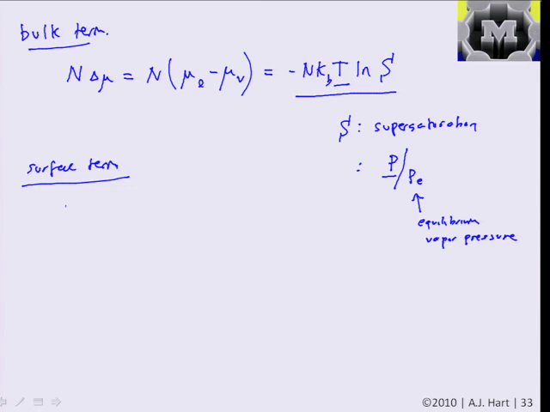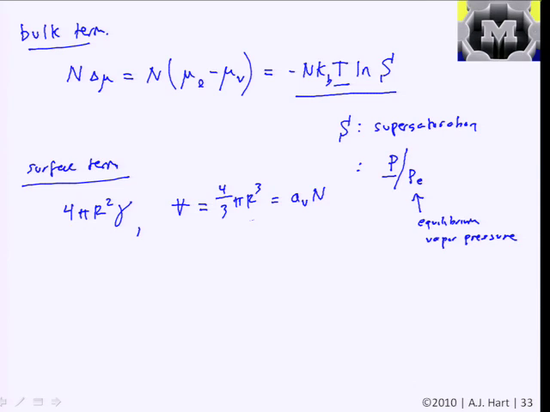So we had the surface energy term is 4 pi r squared times the surface energy gamma. And what we need is a relationship between the total surface energy term and the number of atoms in the system. So we can say that the volume of the particle is 4/3 pi r cubed, which is equal to the atomic volume times the number of atoms.